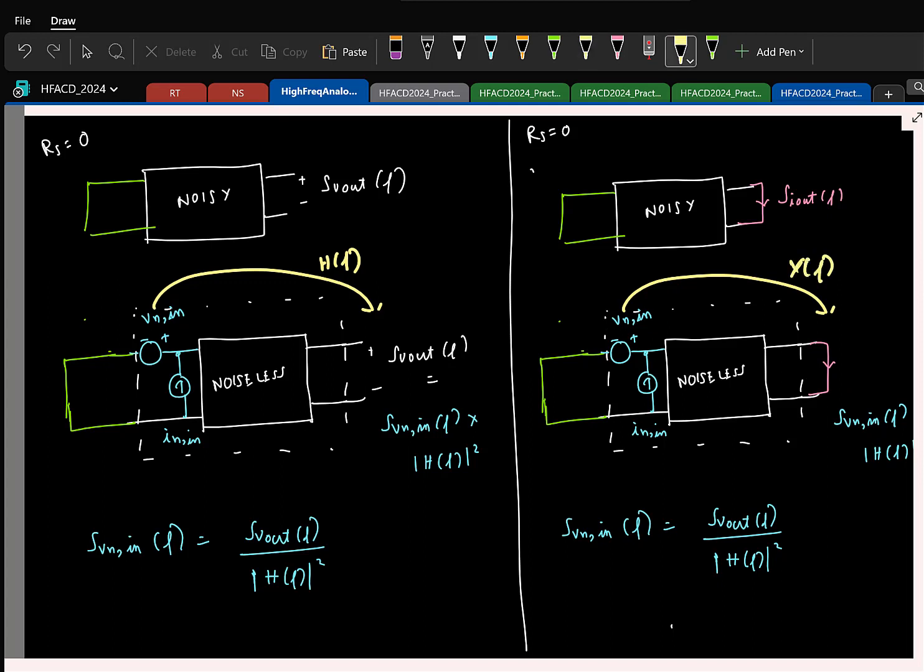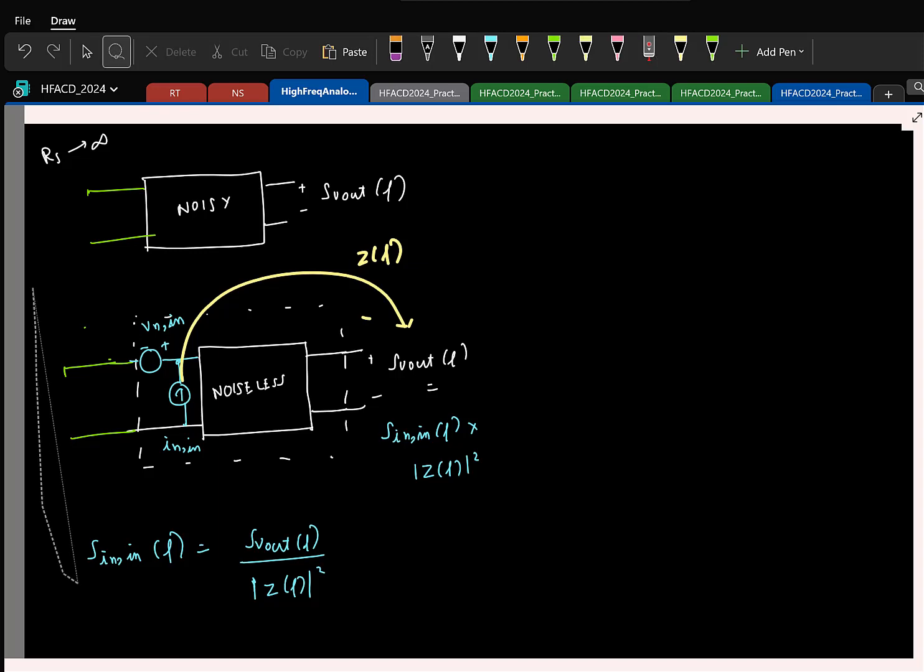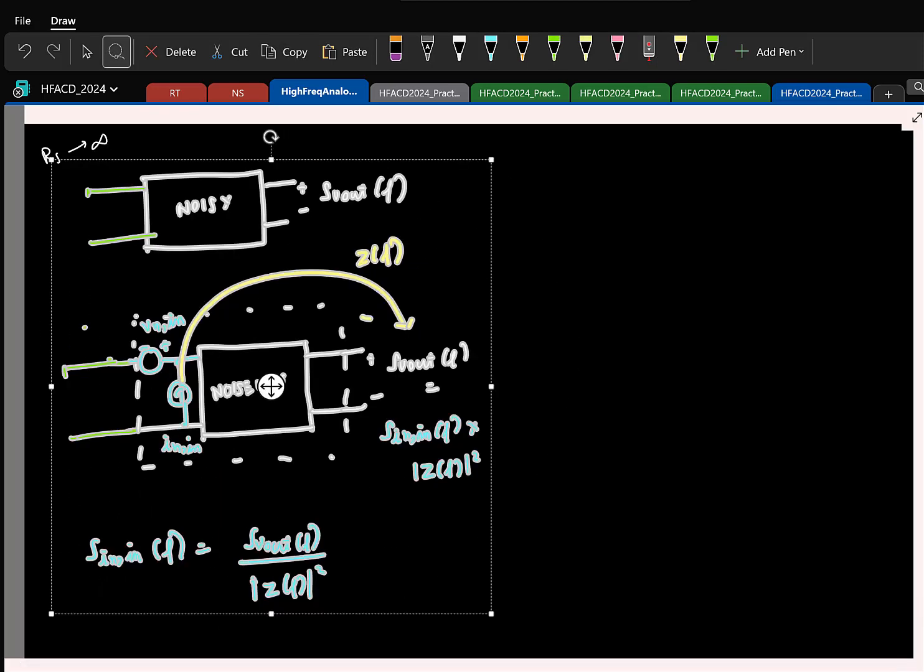I'll just modify it. This will be Si out of f divided by the magnitude squared of the admittance. So this is for finding the voltage. Similarly for the current you can do the same thing. Just a trivial modification, I'll write it for completeness.